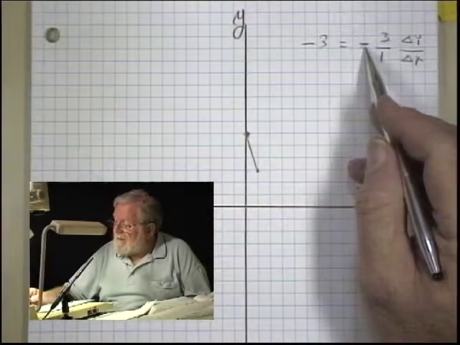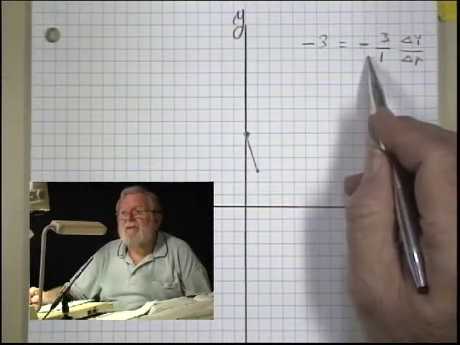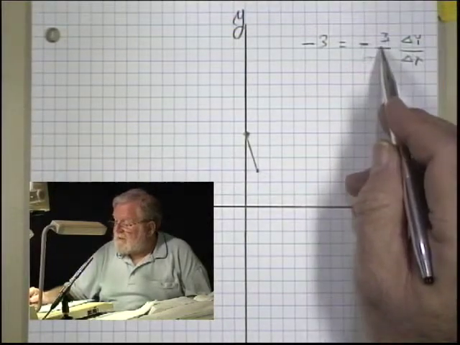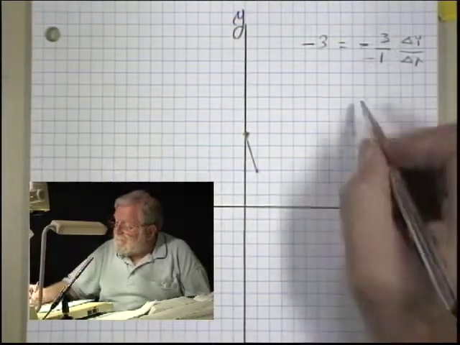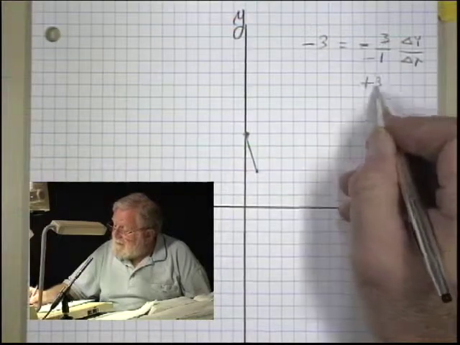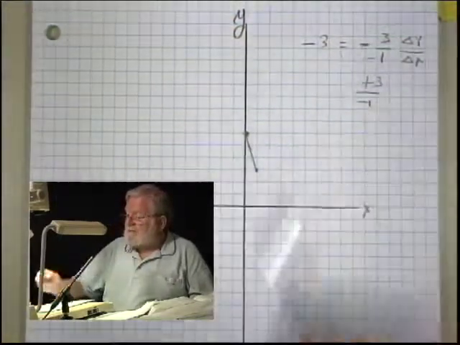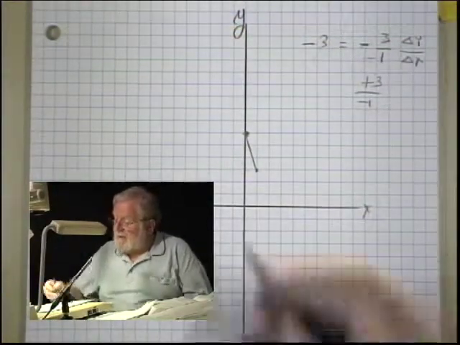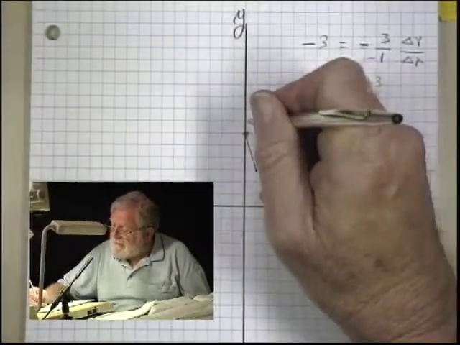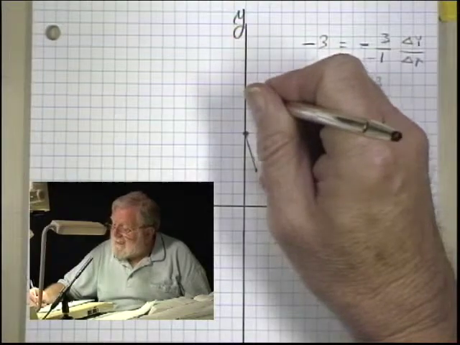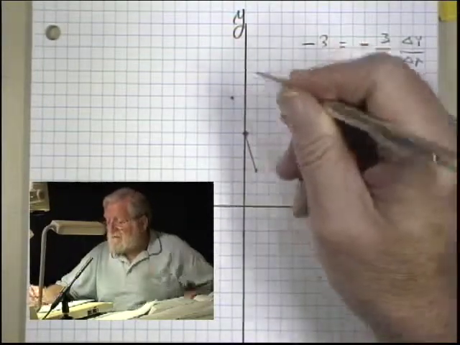Now let's go the other way and put the minus down in the denominator. So if we start at this point, we would go a positive 3 over a minus 1, which will also give us a negative 3. So we go up 3. The change in y would be a positive 3. 1, 2, 3. And a negative 1 would be right there.